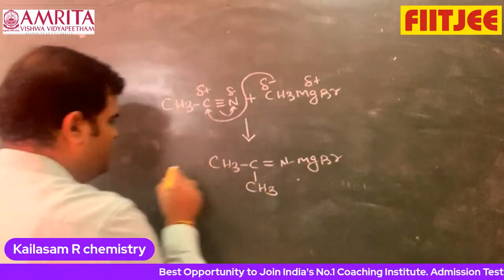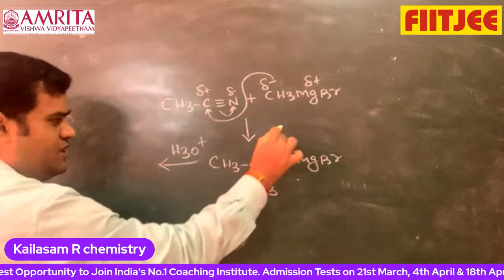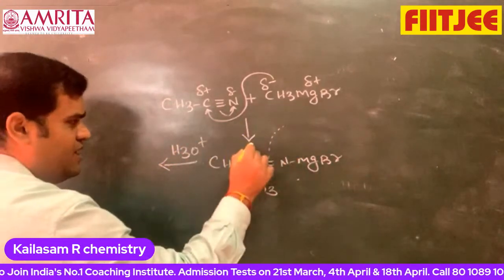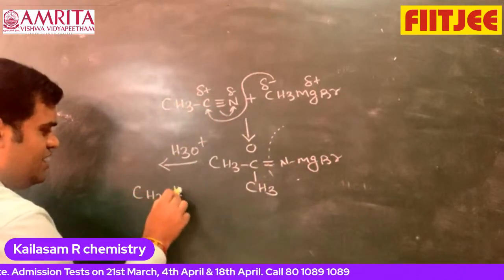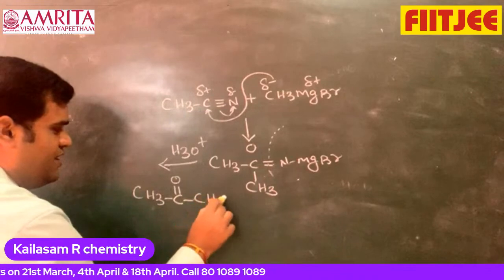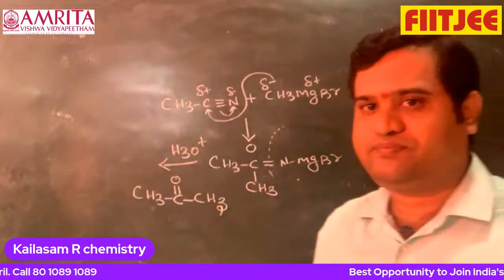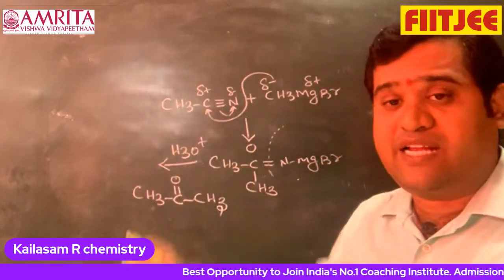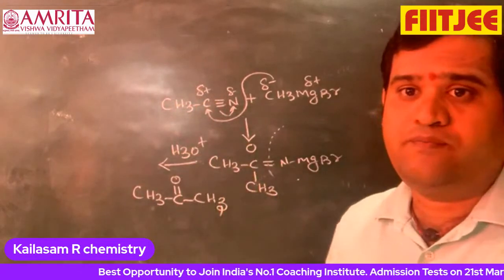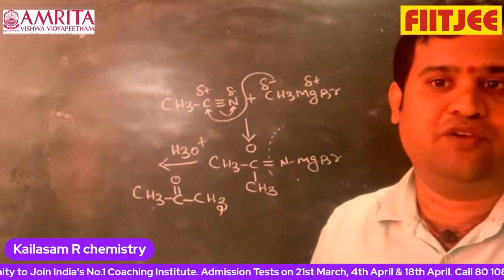Now if I hydrolyze with H3O+, the bond is going to break. Here I get O: CH3–C=O–CH3. I got a ketone. If I take benzyl cyanide, or phenyl cyanide, I get acetophenone.